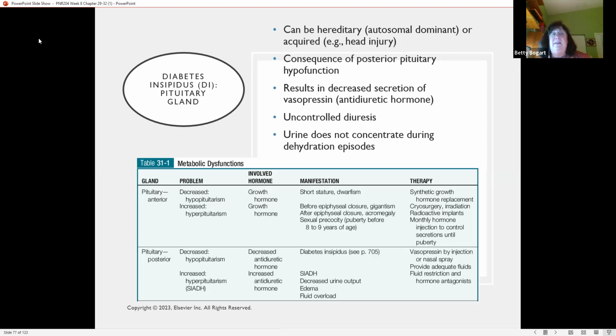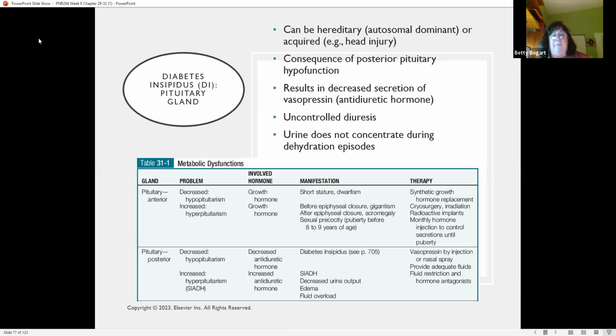In diabetes insipidus, there's not enough of the vasopressin, which is an antidiuretic hormone, a hormone against urinating. If you don't stop the urinating, you're going to urinate too much. Okay? So besides urinating, you're thirsty. So polydipsia, polyuria.